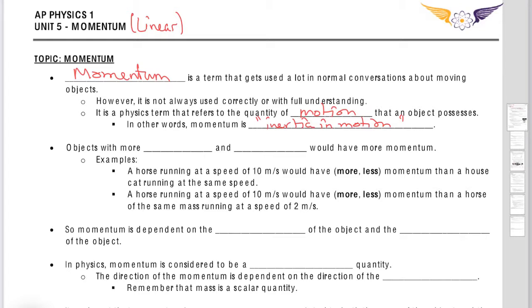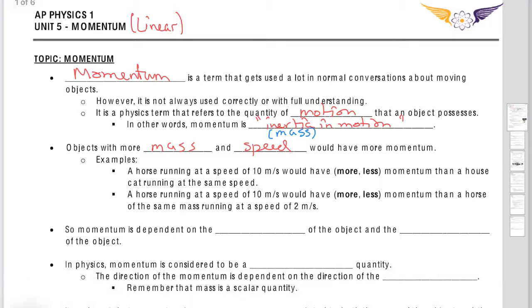If you remember, inertia is around the concept of mass. So if an object has momentum, it's going to be a mass in motion. Objects with more mass and more speed will have more momentum.